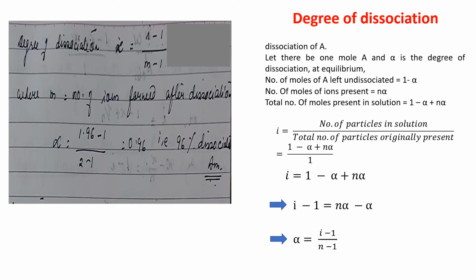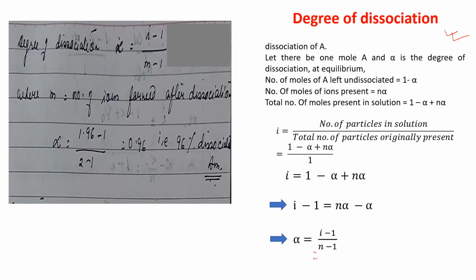We know the formula for alpha when it is dissociation. The degree of dissociation alpha is equal to (i minus 1) by (m minus 1), or n minus 1, whatever it may be, where m is the number of ions formed after dissociation. This is the degree of dissociation formula.